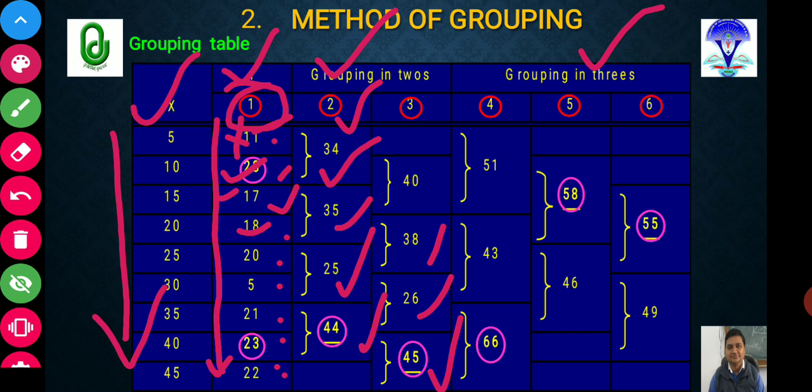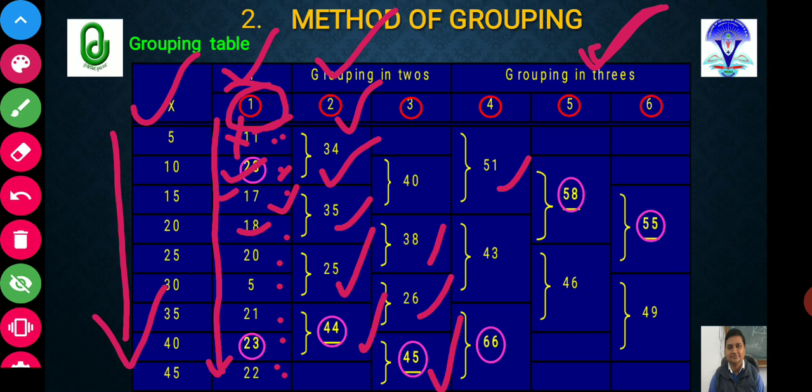Now you have to group in terms of group of 3. In column 4 you can see we have grouped it in terms of 3 values. The first is 11 plus 23 plus 17. 11 plus 23 is equal to 34, plus 17 is equal to 51.